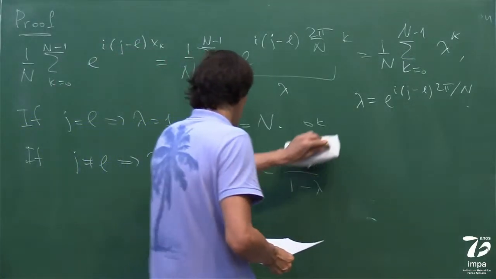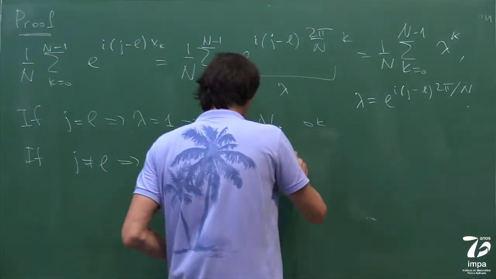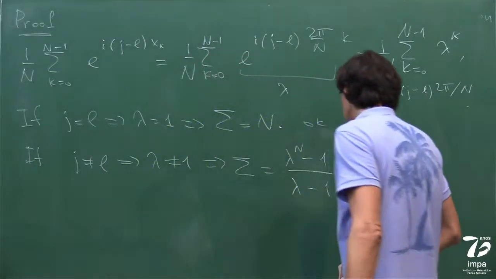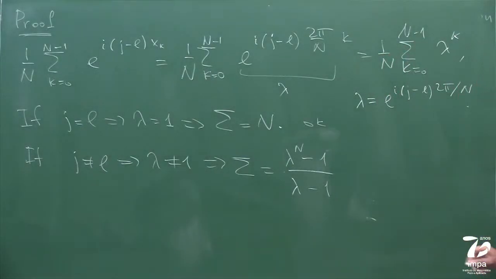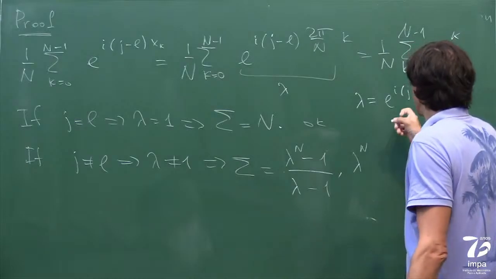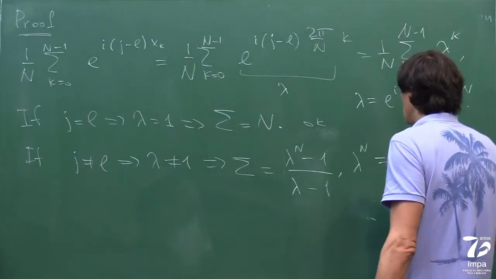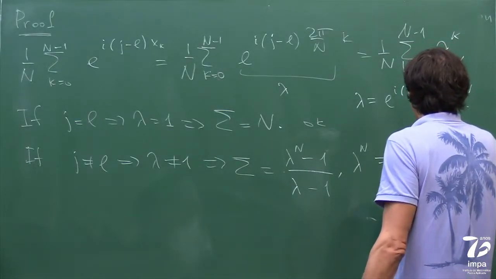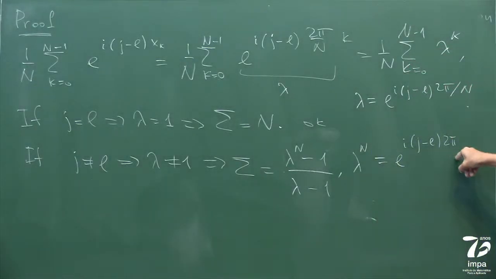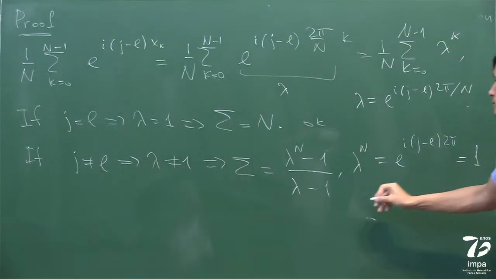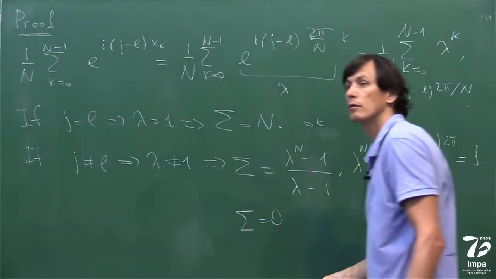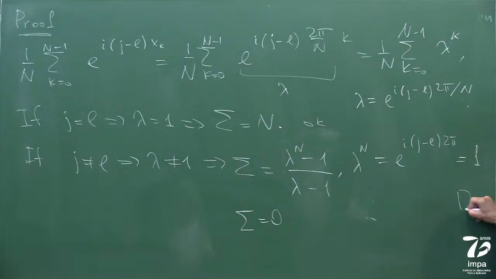Now remember that lambda to the power n is exponent of i(j minus l)2 pi, which cancels, so this is 1. Then the sum is 0. So this gives you orthogonality.